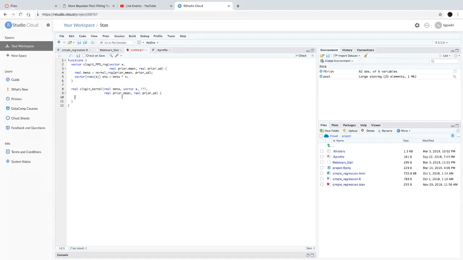There's the exponential involved in the softmax transformation, mapping from eta to probabilities, but it's not the exponential distribution like we've used on prior standard deviations, or prior on standard deviations of errors in a normal model.